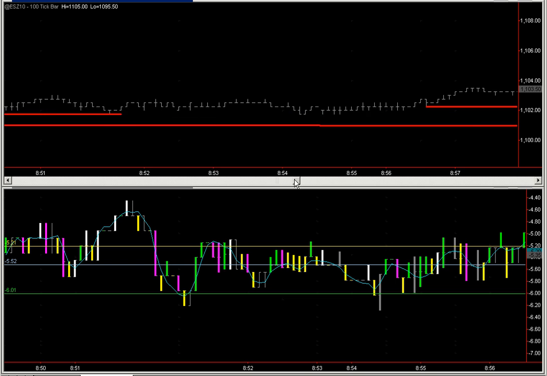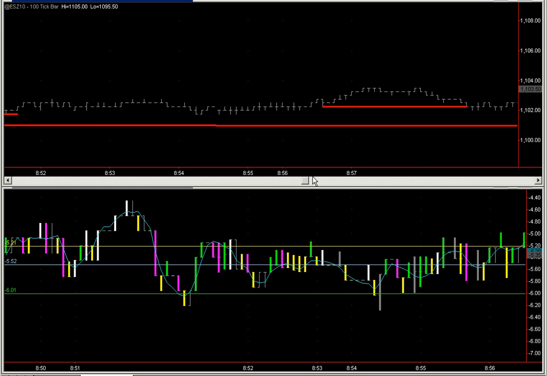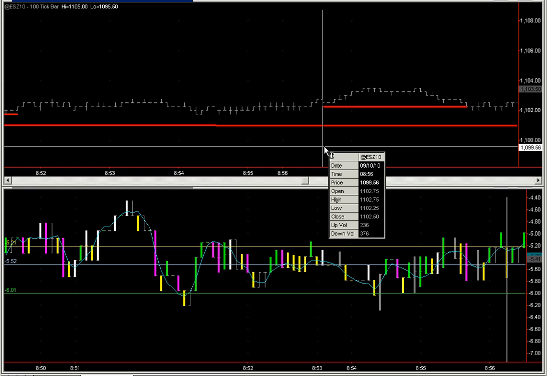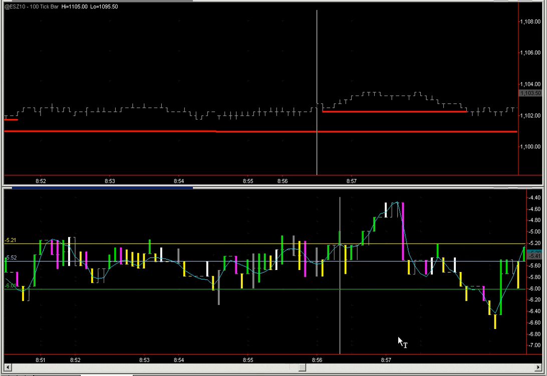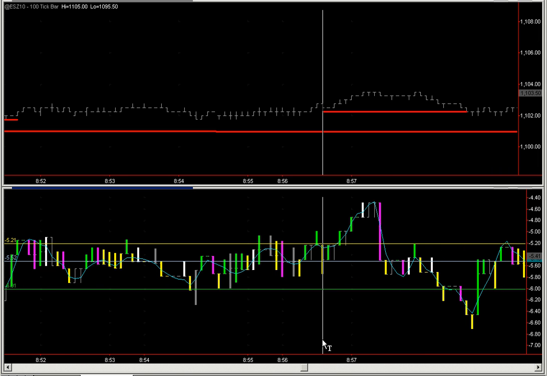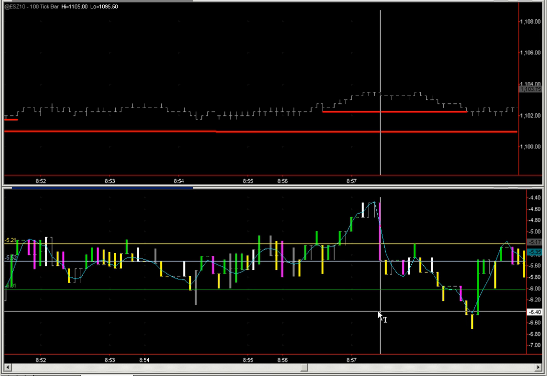Now we have another setup bar right here. All right, that's a good setup bar, very strong setup bar, indicating a retracement back to that price level after the Spoos move up.